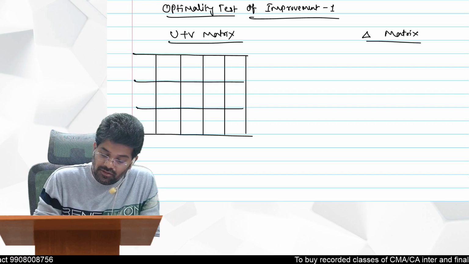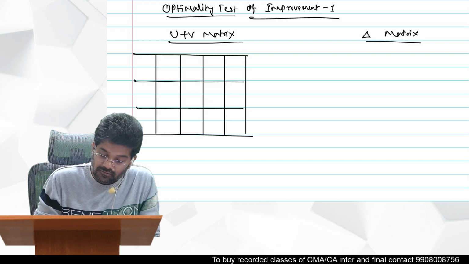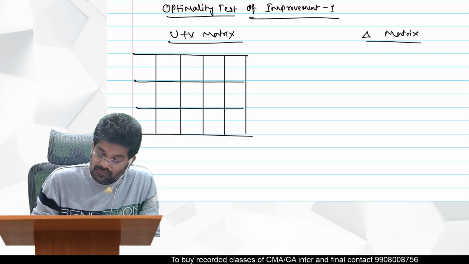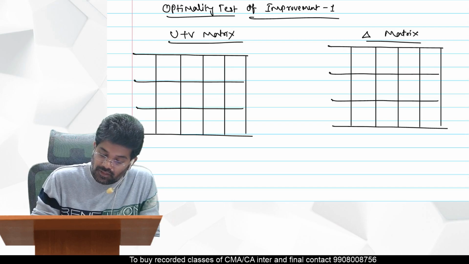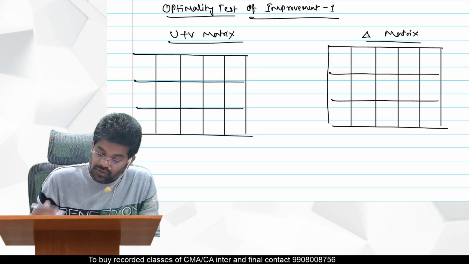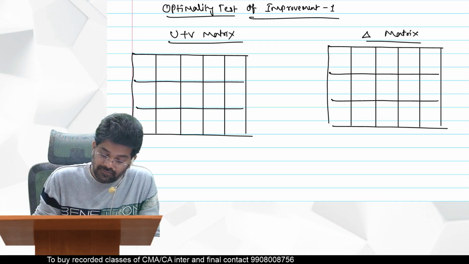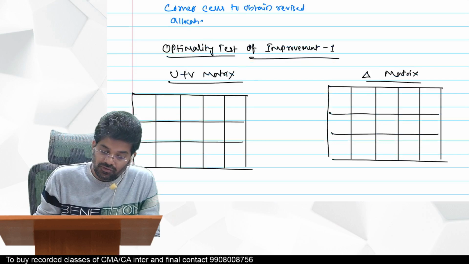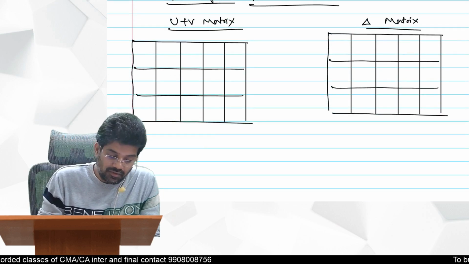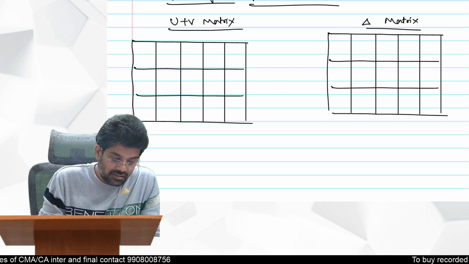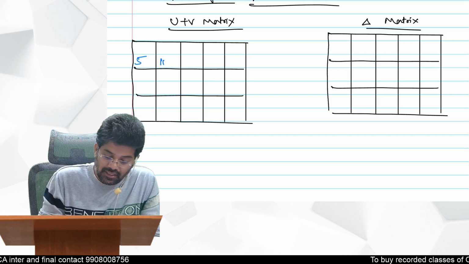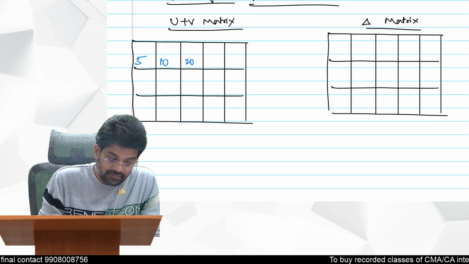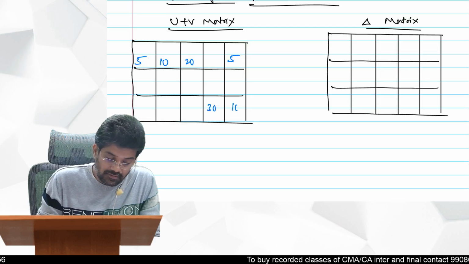Take the same there also. Right, now first take the cost of the allocated quantity. Cost is 5, 10, 20, 5, 30, 10, 5.